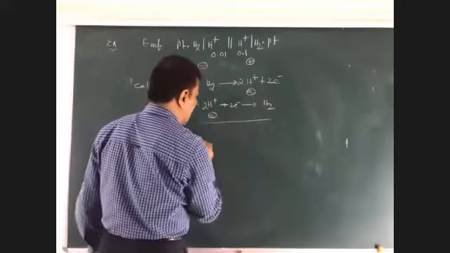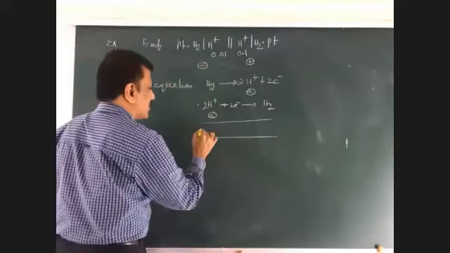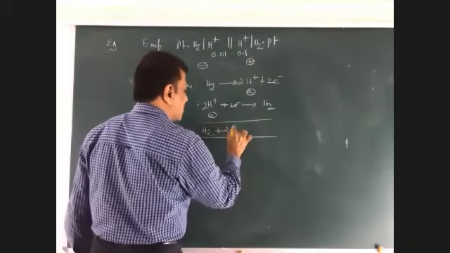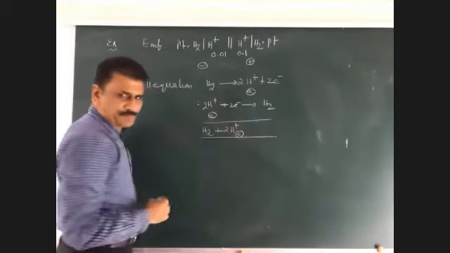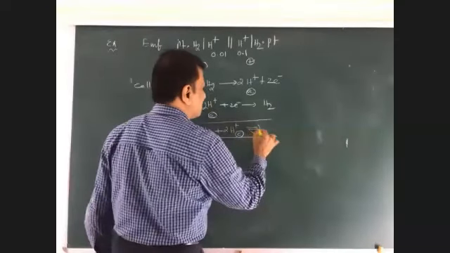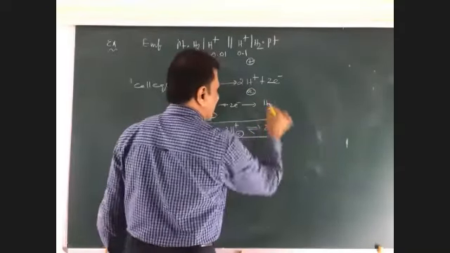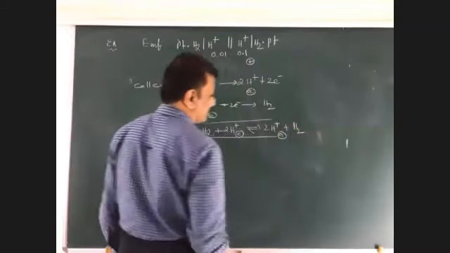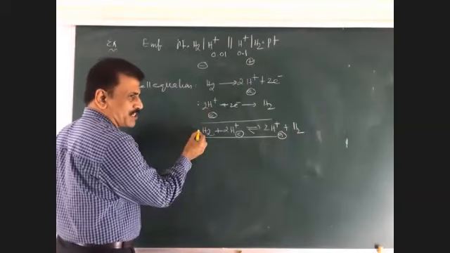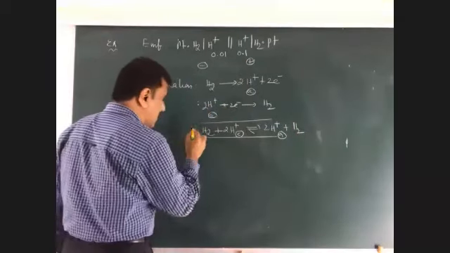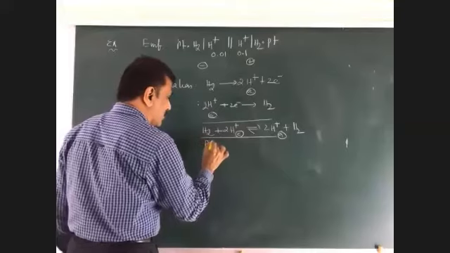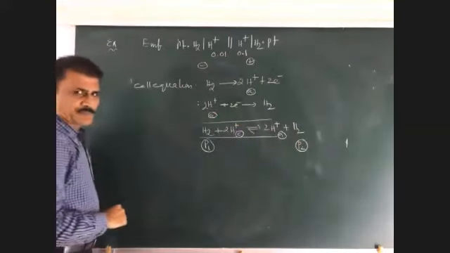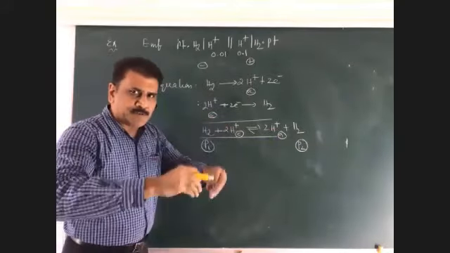By adding this we get H2 gas plus 2H plus, that is cathode, in equilibrium 2H plus anode concentration plus H2. Here this has certain pressure also. So this is a P1 pressure, and this is a P2 pressure of hydrogen, because hydrogen should be pumped into the electrodes.